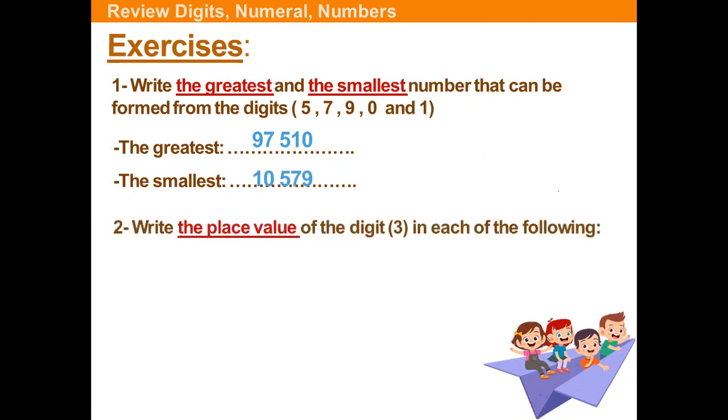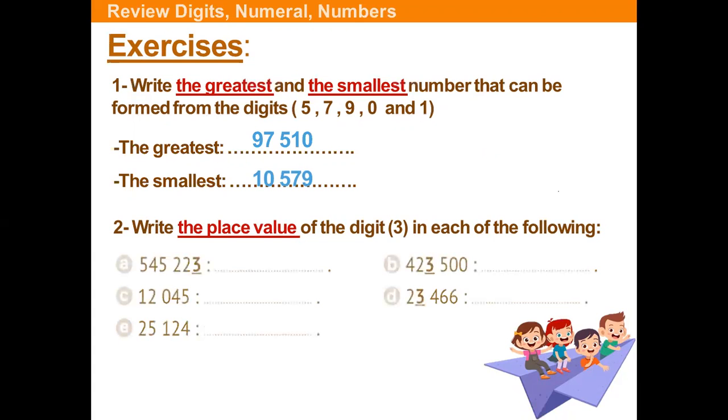Let's take another example. Now write the place value of the digit 3 in each of the following. Okay, let's see what is the place value of each 3 in the question. Number A: where is 3? Let's read the number, 545,223.